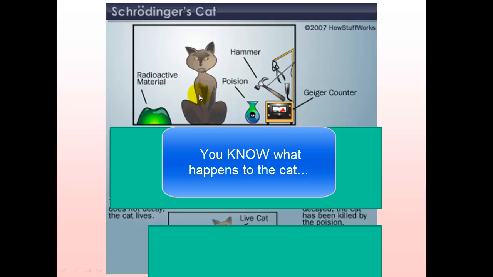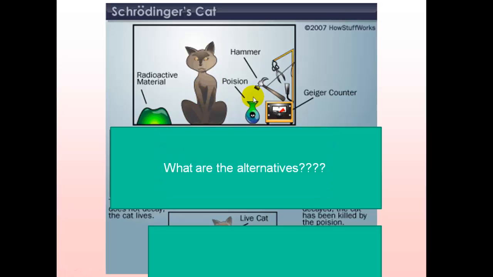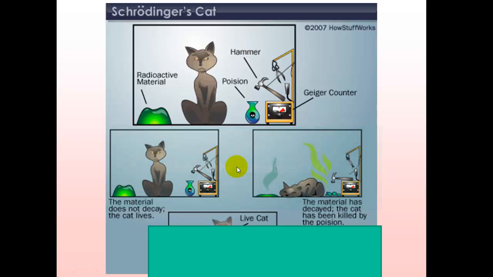Okay, so what are the alternatives? What could happen? Well, we have two alternatives. Either the cat is still alive, in other words, the material has not decayed and it hasn't smashed the vessel with the poison in, or it has decayed and the poison has been opened and the cat has died.